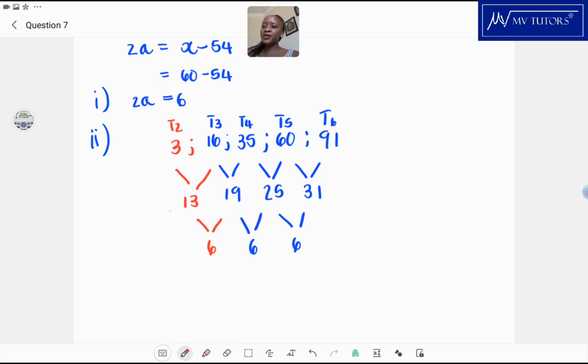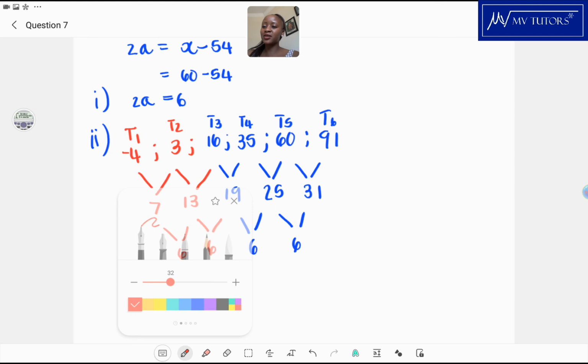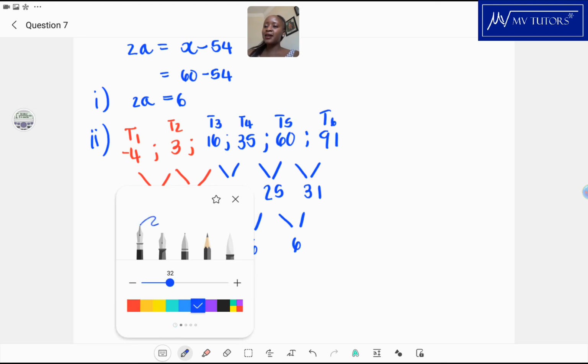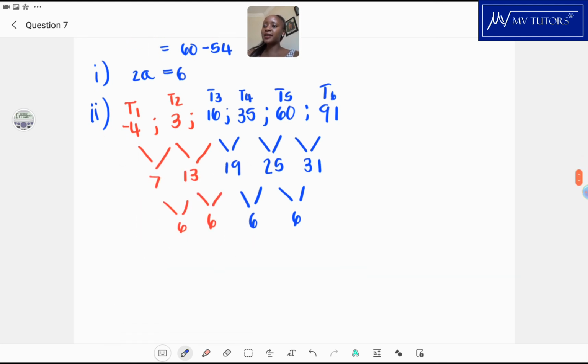And to get my first term, 13 minus 6 is 7, right? Yes, because to get to 13, I need to add 6 to 7. And then 3 minus 7 is minus 4. And that is my first term. So you can write it out nicely: T1 is equal to negative 4.